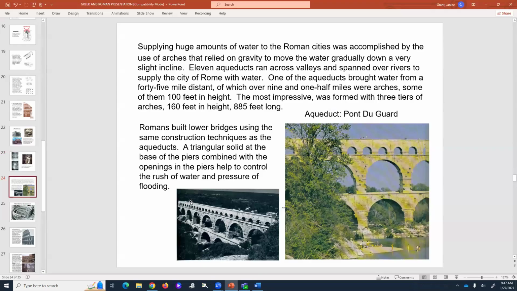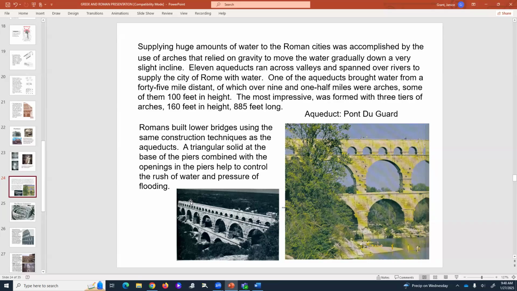Another engineering feat of the Romans was these aqueducts. They looked for a way to bring water to the city. And huge supplies of water were brought to the city by creating these aqueducts. The water is running along the top of these arches, all based on gravity.